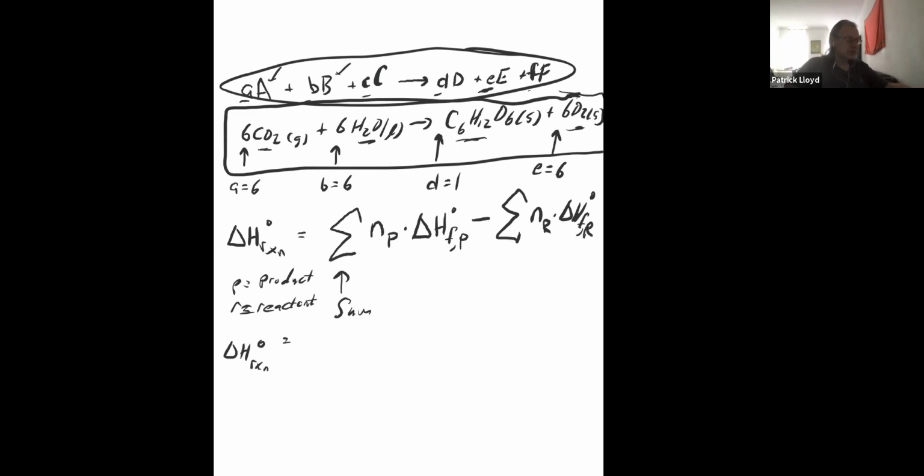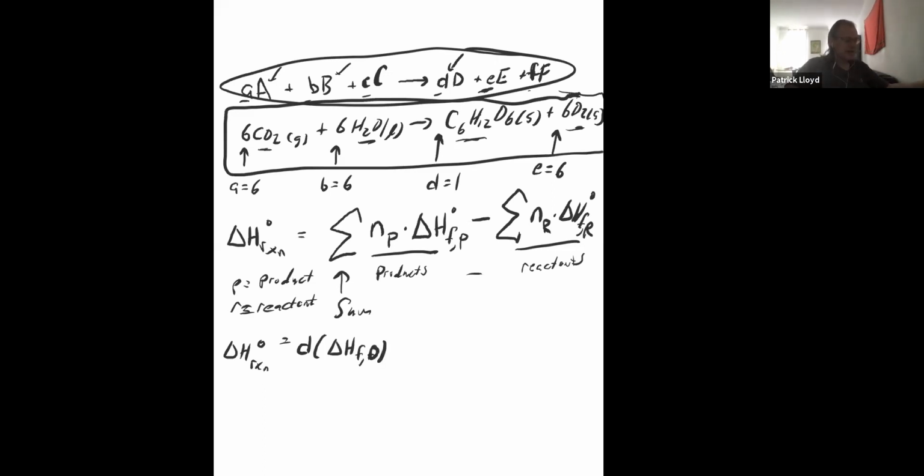You do the products first, so it's products minus reactants. You take the coefficient D, whatever that is, a 1, a 2, a 3, a half, and then you look up the delta H of formation for that one. So D.